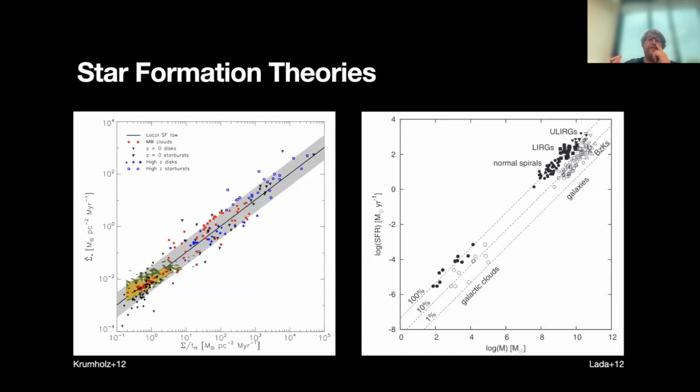One potential way of looking at this is that there's two theories on how it's regulating star formation efficiency. One from Mark Krumholz again, one from Charlie Lada, and they have two competing results that don't work together. One is that it's completely controlled by the free fall time, so how long is it going to take to collapse in on itself?